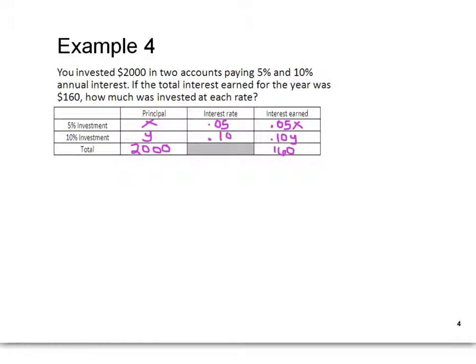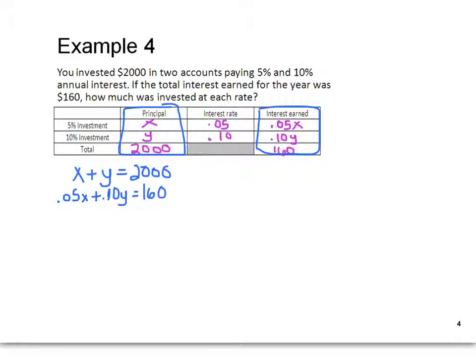And so what we can do now is set up our system of equations. That means x plus y equals 2,000. And then our second equation is 0.05x plus 0.10y equals 160.